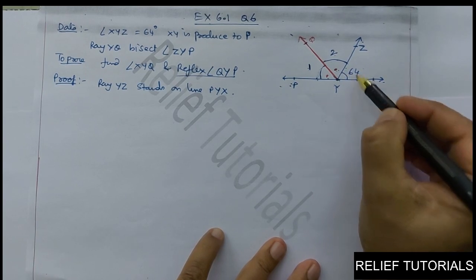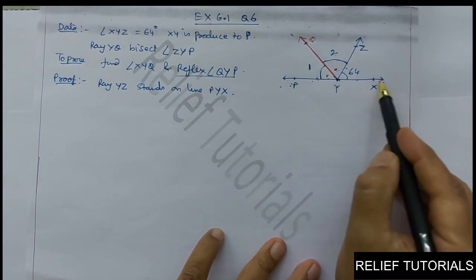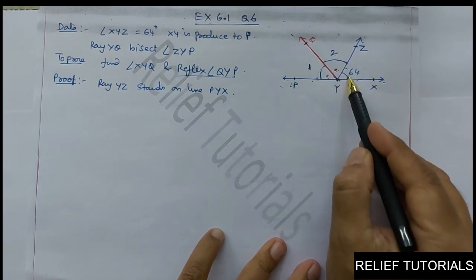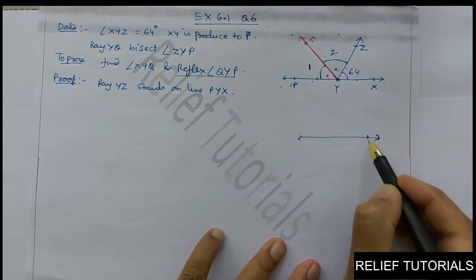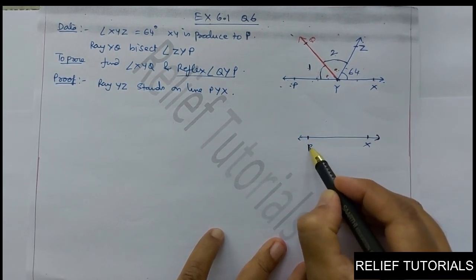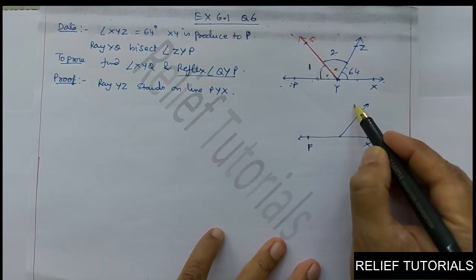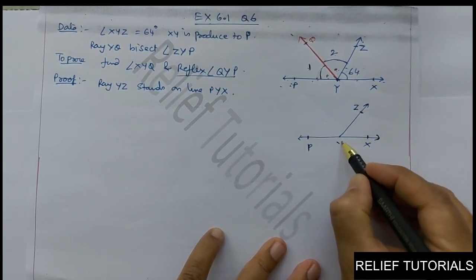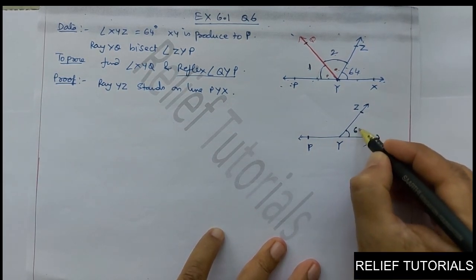You might know, see, this is a linear pair. YZ stands on the line PYX. This is 64. I will draw one more diagram here. This is X. This is P. And this YZ is given. See, in geometry, first you have to consider the data, what is given. So here it is given, this is 64.